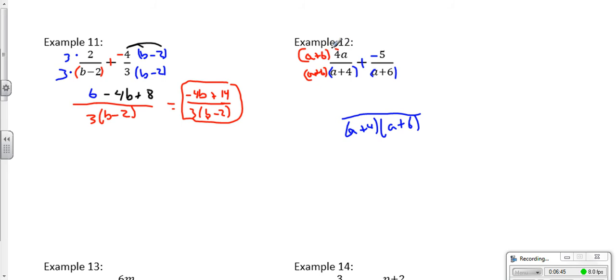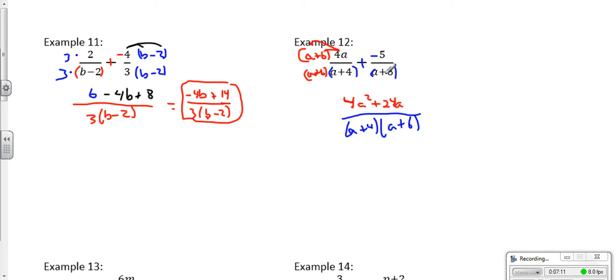Now, this is a distribution question, so I will get 4a squared plus 24, or excuse me, 24a. That's a 6 there. Okay.